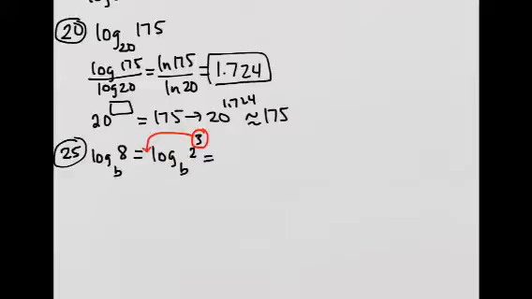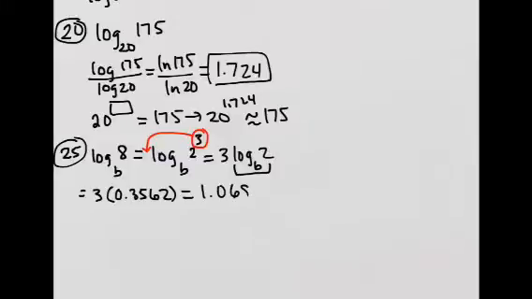So this is going to give you 3 log base B of 2. Well, they gave you log base B of 2 to equal 0.3562. And so now all you have to do is punch it into your calculator. So after you multiply, you get 1.0686.